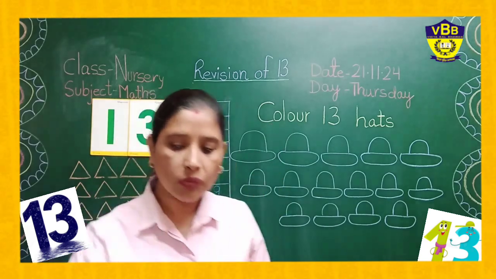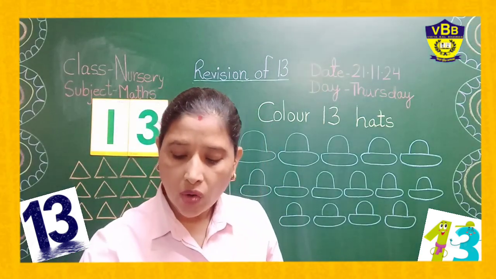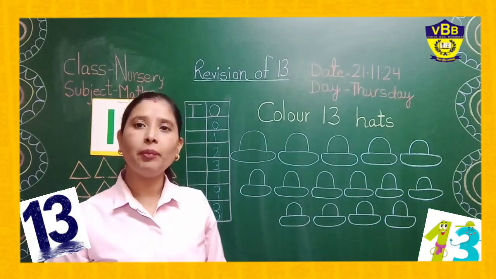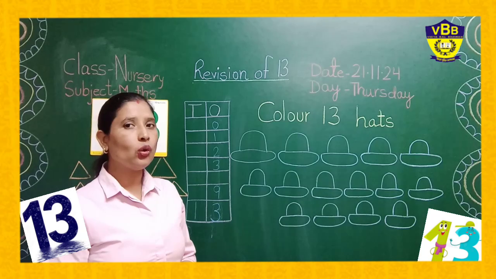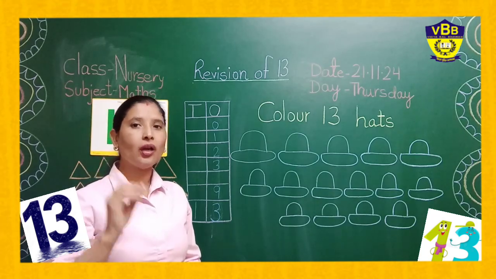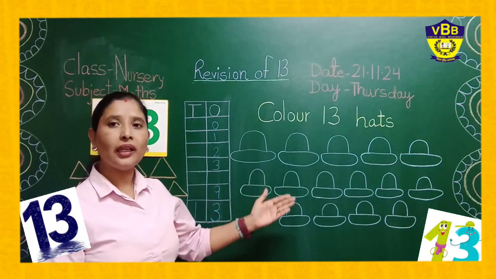In this month we will learn about the orange color and we will celebrate Orange Color Day on the 25th. So we will use orange color to color the 13 hats.